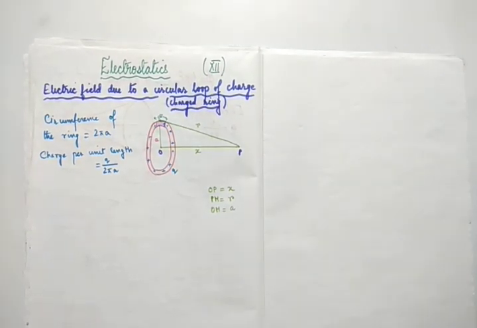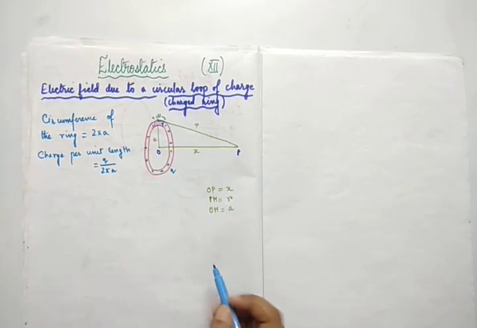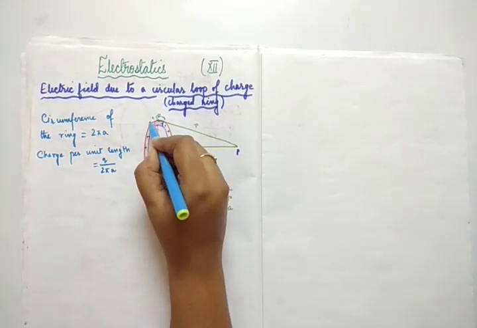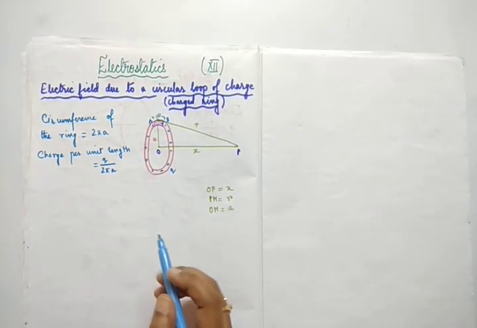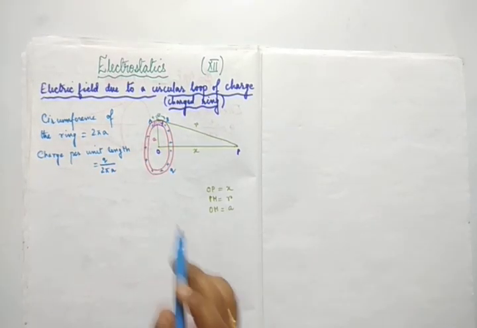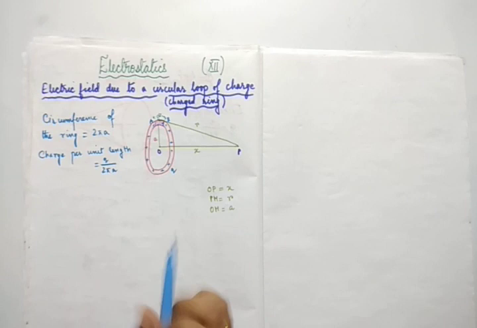These are all the distances we have taken. Now we consider this small line element AB, of length dl.